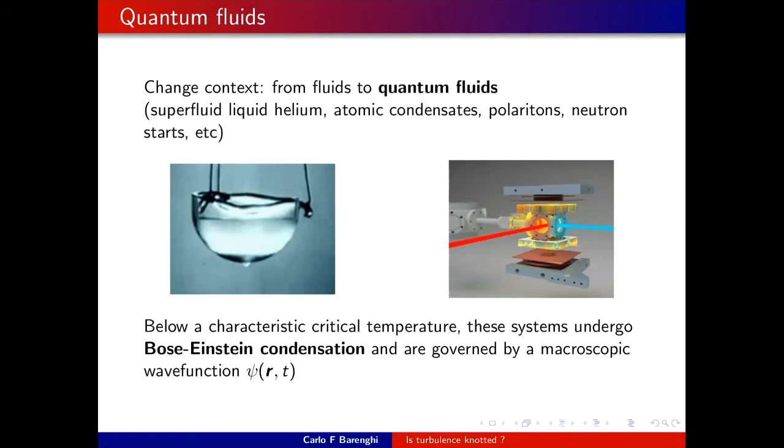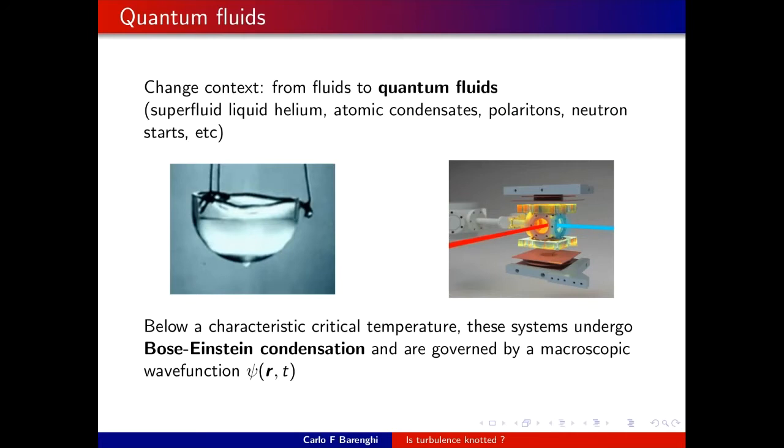So quantum fluids are fluids which are cold enough that they have undergone a phase transition called Bose-Einstein condensation, something which was predicted by Bose and Einstein in the 1920s when they started applying quantum statistical mechanics to physical systems, to an ideal gas.